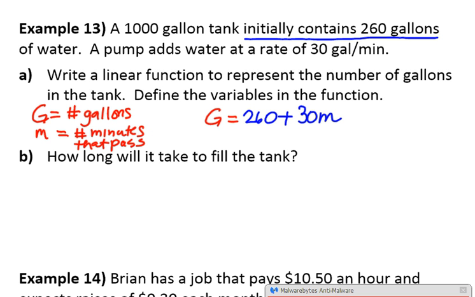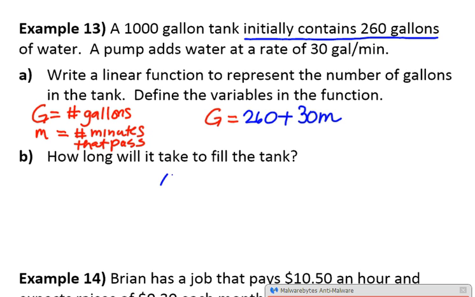So how long will it take to fill the tank? Well, what does it mean to fill the tank? How many gallons will that be? Well, if you look back at the problem, it started off with 1,000.